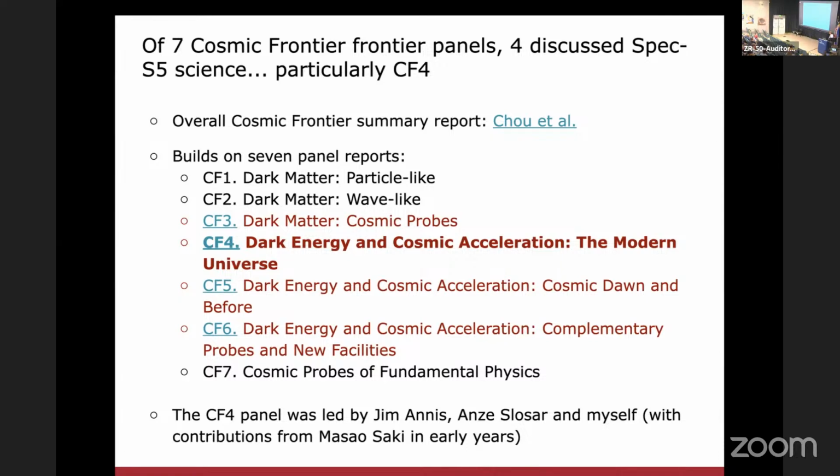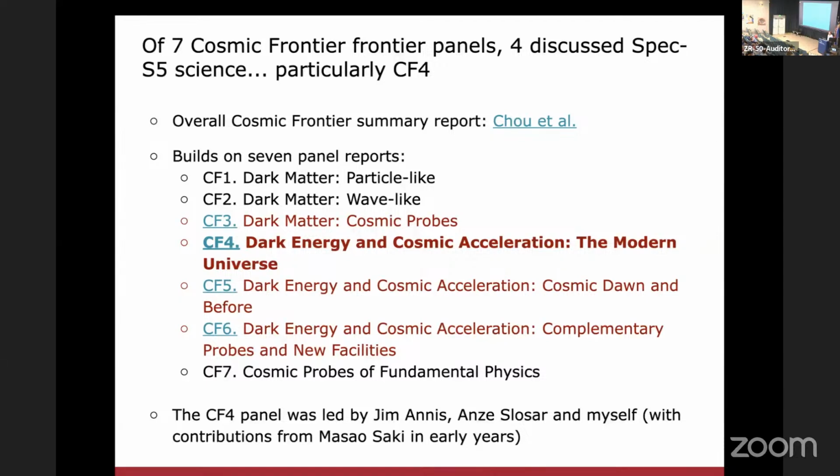So in the case of the cosmic frontier, we're not talking about particle detectors, right? So there are only some of the panels that really focused on Spec-S5 science. That starts with the panel on cosmic probes of dark matter, which does discuss applications of Spec-S5. The bulk of the focus is in the Cosmic Frontier 4 panel, Dark Energy and Cosmic Acceleration: the Modern Universe.